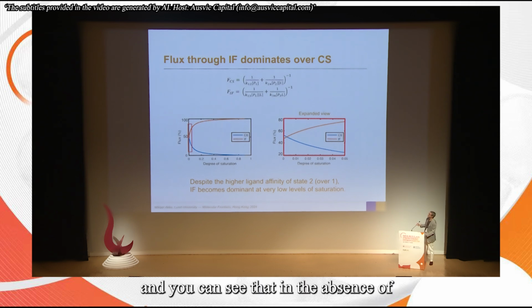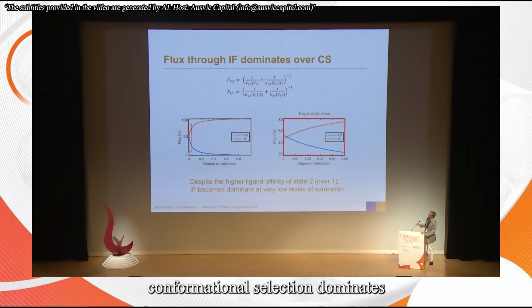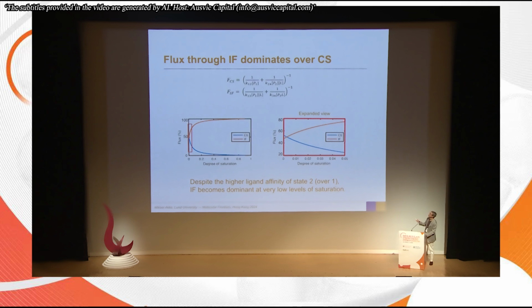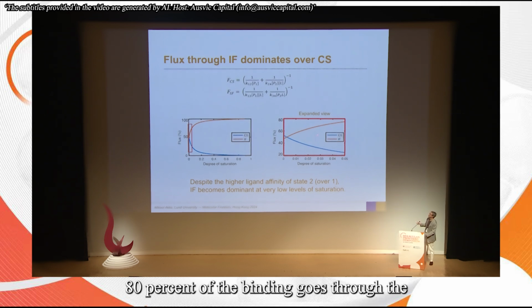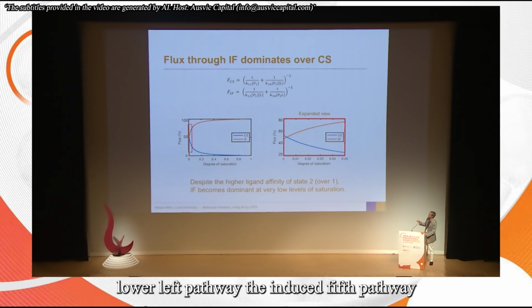You can see that in the absence of any ligand, and with very small amounts of ligand, conformational selection dominates. But as soon as you only have like 5% saturated protein, 80% of the binding goes through the lower left pathway, the induced fit pathway.